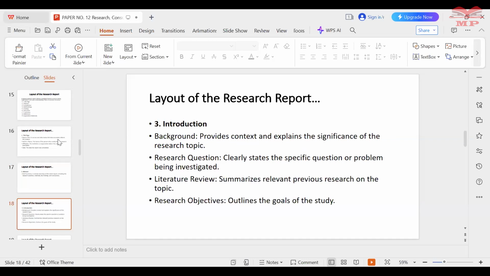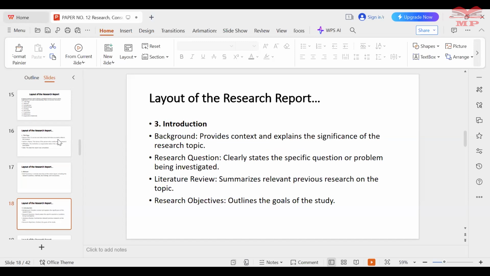Number 3 is the introduction. That introduction will have a background, research questions, or sometimes a research hypothesis, and then you have the literature review and the research objectives. Those are the main aspects that may be in the introductory part.